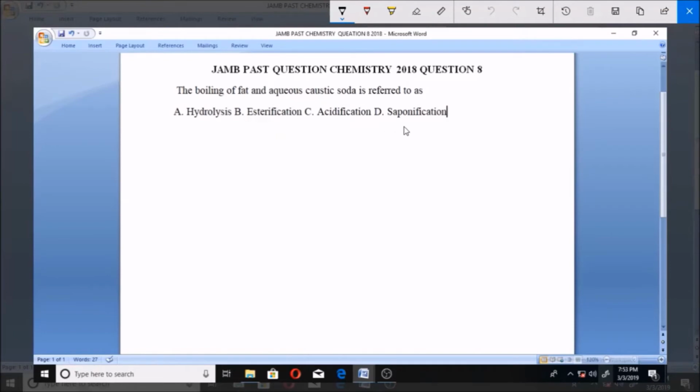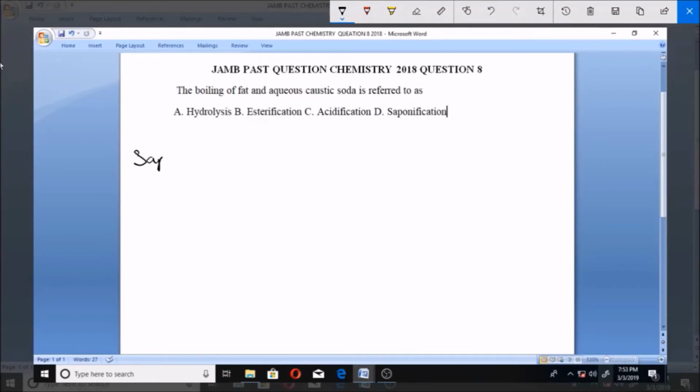Then saponification is the hydrolysis of fats and oil with caustic alkali to yield propane-1,2,3-triol and the corresponding sodium and potassium salts of the component fatty acids. And these salts are actually the principal constituents of soap. So saponification is the process of producing soap by hydrolyzing the fat with caustic soda. So the process here is actually saponification.